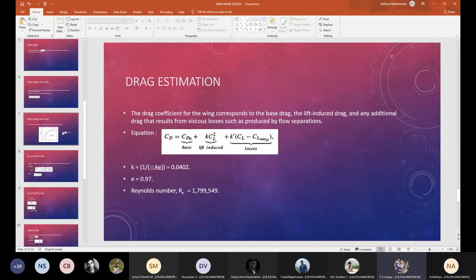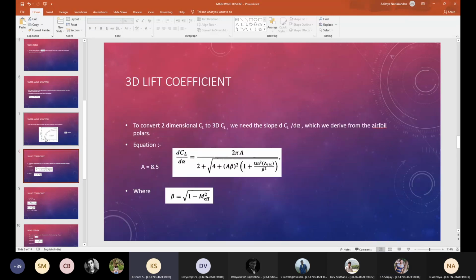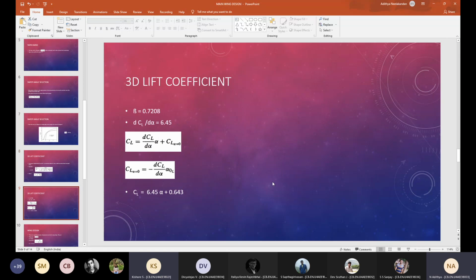Any questions to Aditya from others? Yeah, Kishore has a question. Yes, Kishore. In your 3D lift slope calculation, you got around 6.45, I guess. Don't you think it is a bit higher than the 2D lift curve slope?